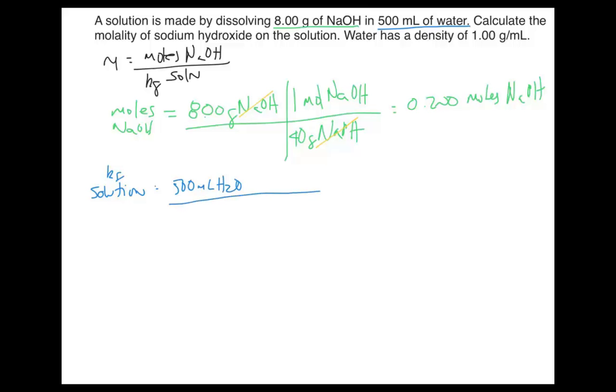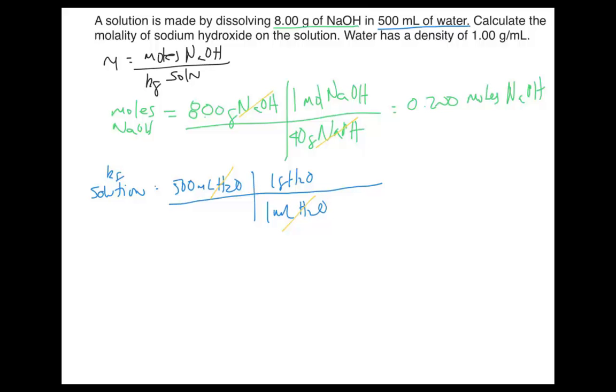What can help us to change from the volume to mass is the density. And we know that the density of water is 1 gram per mL, so 1 gram of water over 1 mL of H2O. So now we can cancel the unit of milliliter of water, but we need to find out how many kilograms, because we have this in grams.